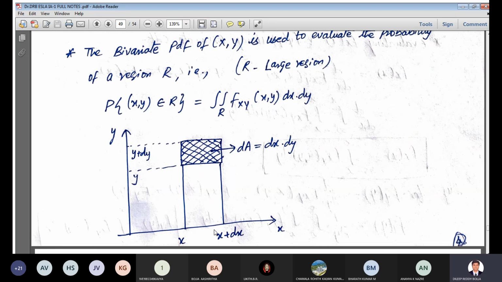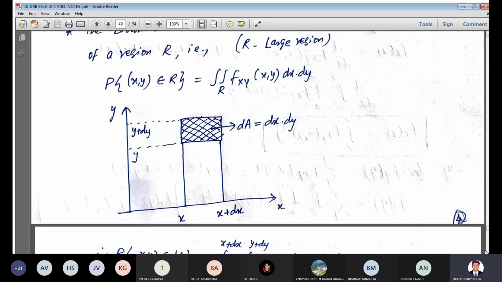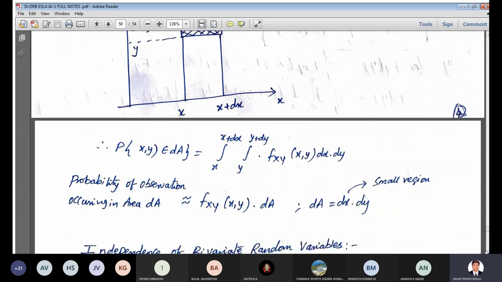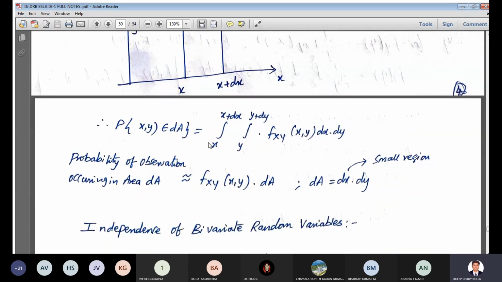Or else you should know both x and x plus dx. It's very simple. Instead of representing infinity, we wrote this R. R is some region, a larger region, not a very small region. So the limits, if you want to find like this, are x to x plus dx, y to y plus dy. The rest all remains the same.